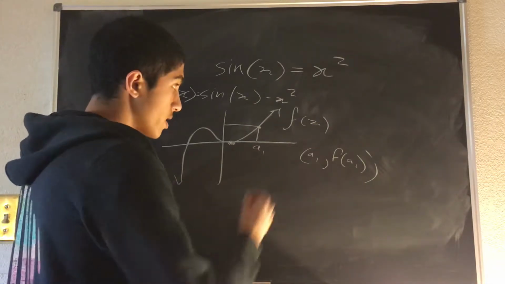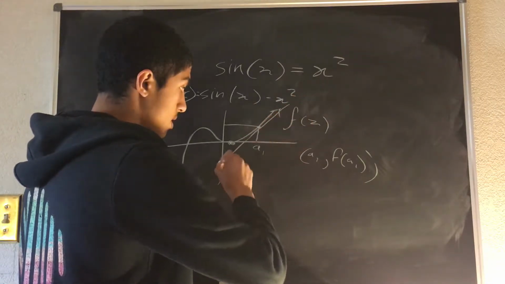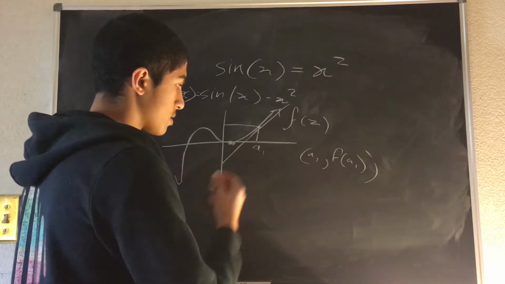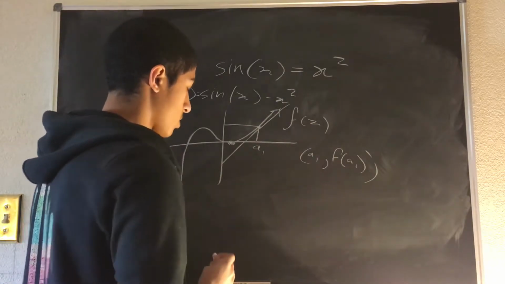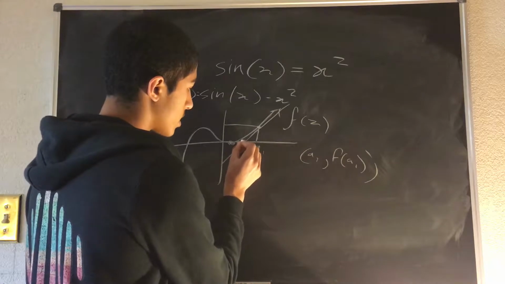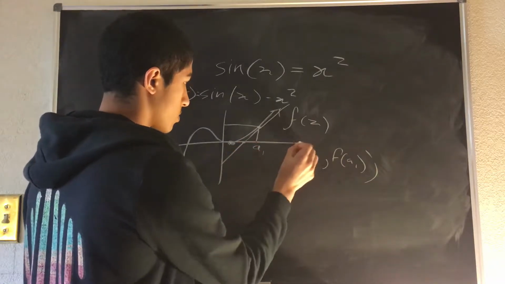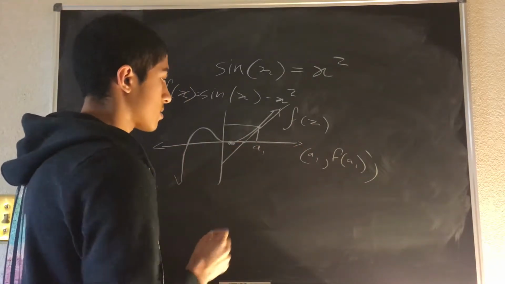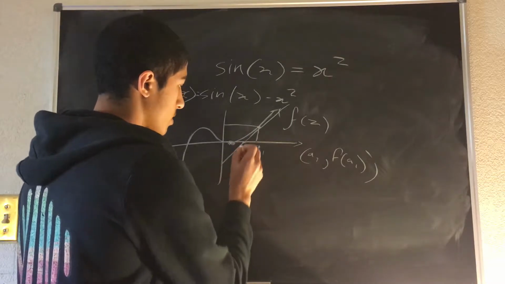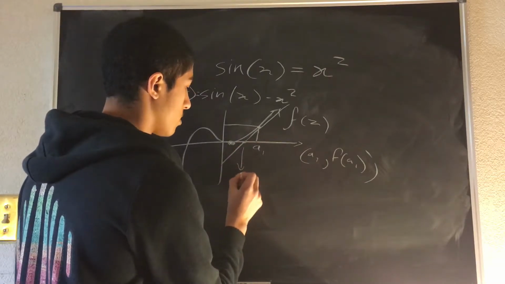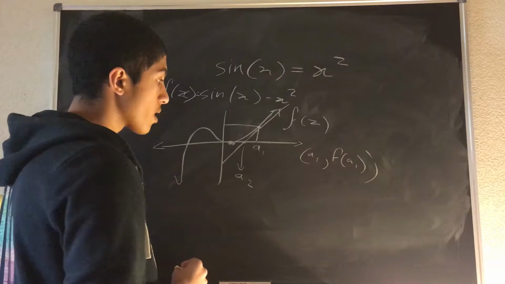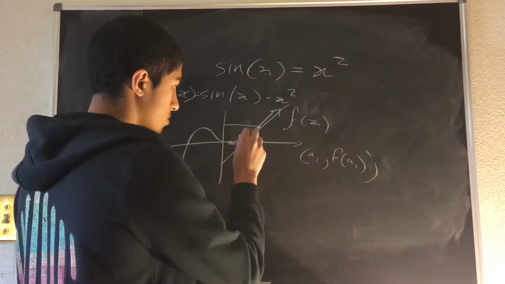Then what we will do is we will take the tangent line to the function at this point, a1 comma f of a1, and then we'll see where the tangent line intersects with the x-axis. And then this point of intersection will be defined as a2, and then we'll do the same strategy.